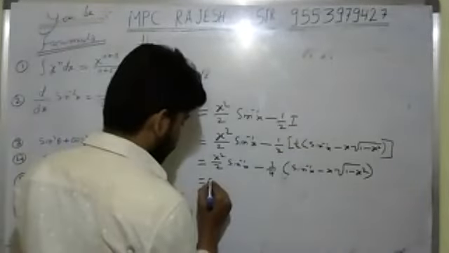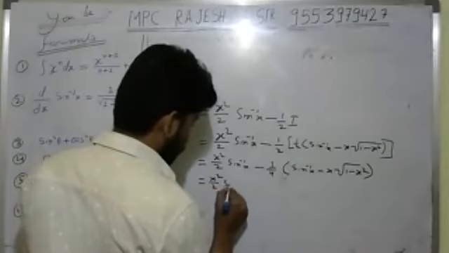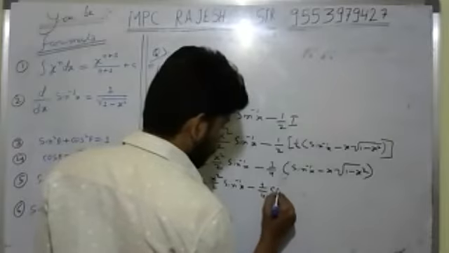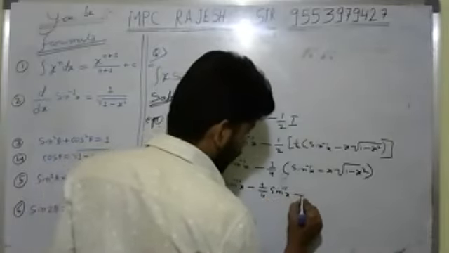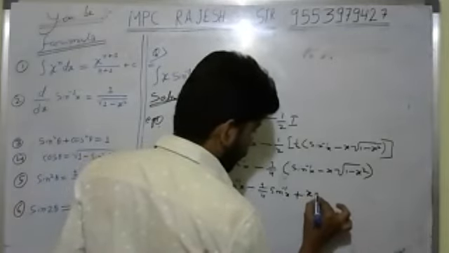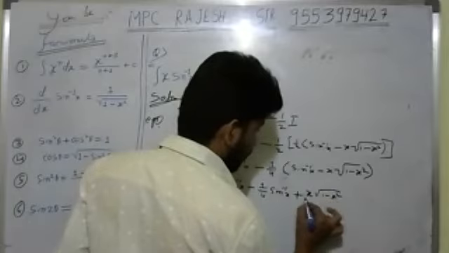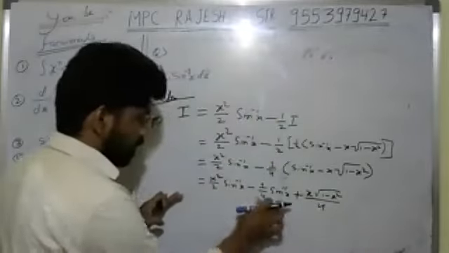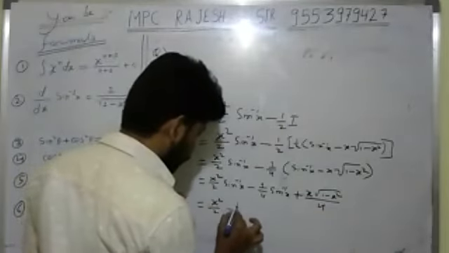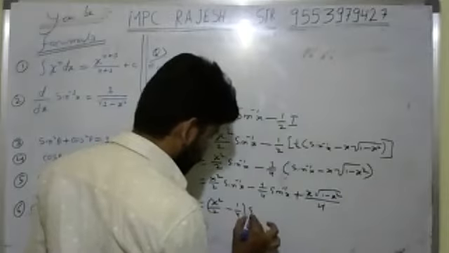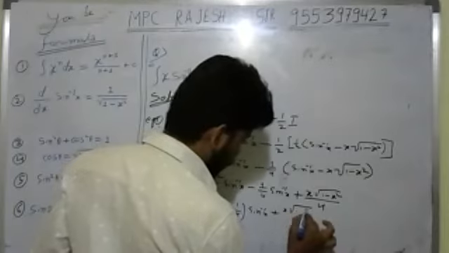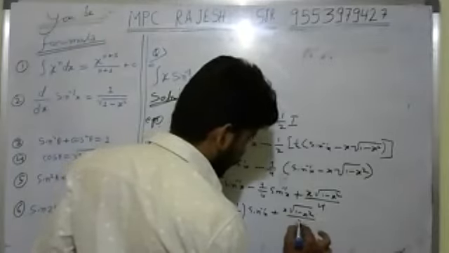Now total open. X square by 2 sine inverse x minus 1 by 4 sine inverse x plus x square root of 1 minus x square by 4. So in the sine inverse we can take the common, right? X square by 2 minus 1 by 4 sine inverse x plus x square root of 1 minus x square by 4.